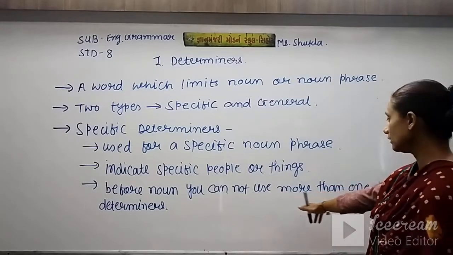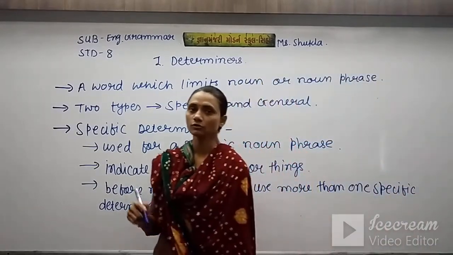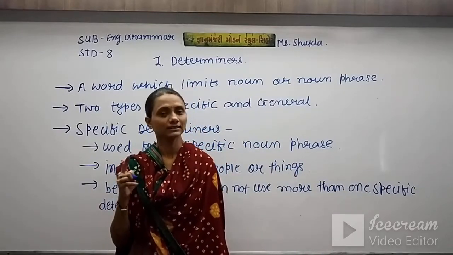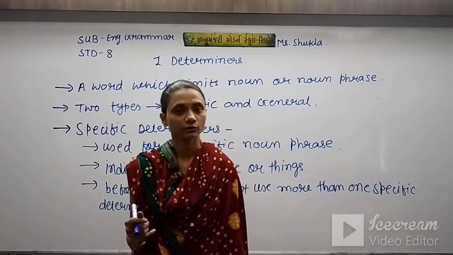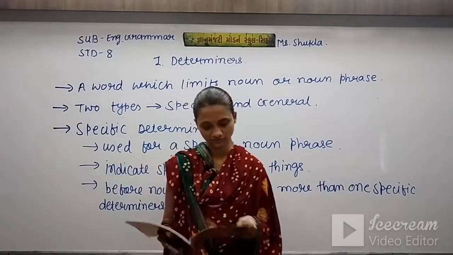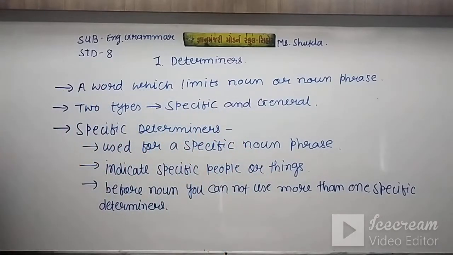Before a noun, you cannot use more than one specific determiner. So, if you are talking about one noun, with that you have to use only one specific determiner. You cannot use more than one specific determiner. So now what are those specific determiners? The list is given here.